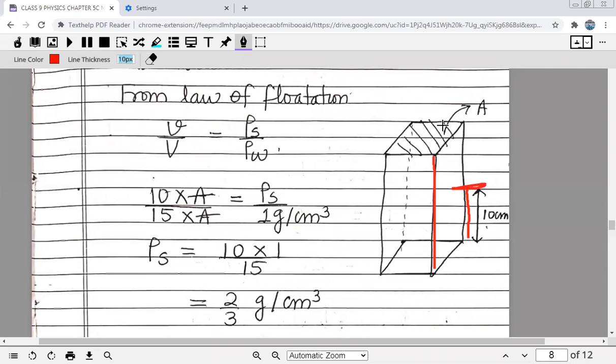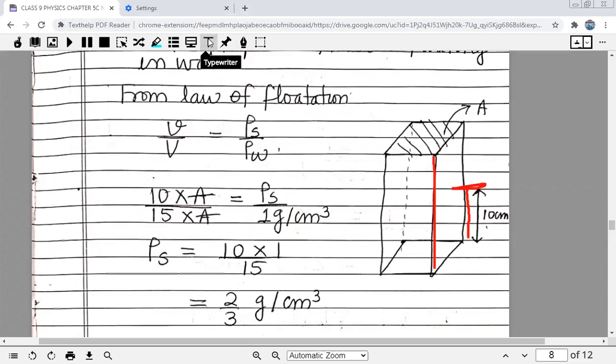This total length is given 15. Here we have taken area of cross section as A. This shaded portion is the area of cross section. It is clear? So what will be the total volume of this cuboid? Who can tell? Total volume. A into 15. Length into area of cross section. There is the formula of volume.